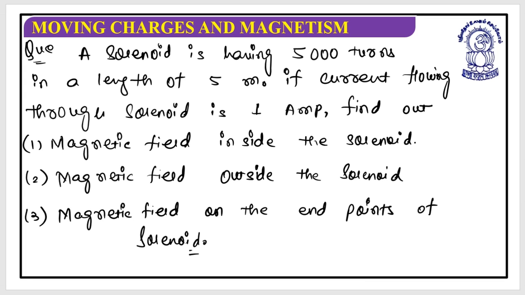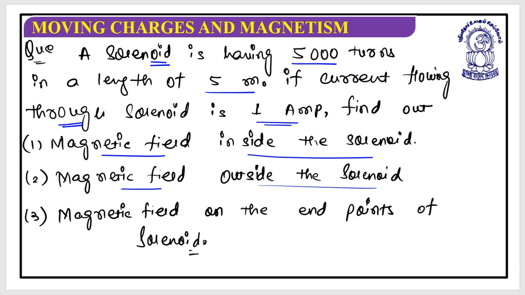What does it say? It says a solenoid is there, it is having 5000 turns in a length of 5 meter, and the current flowing through the solenoid is 1 ampere. Then you need to find out the magnetic field inside the solenoid, outside the solenoid, and on the endpoints of the solenoid. So let's begin with what we are given and what we need to find out.